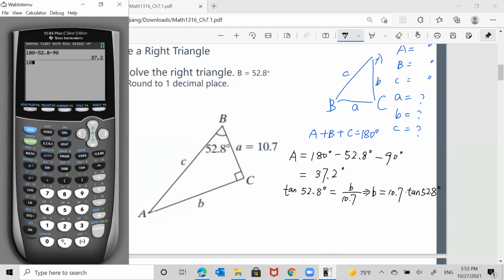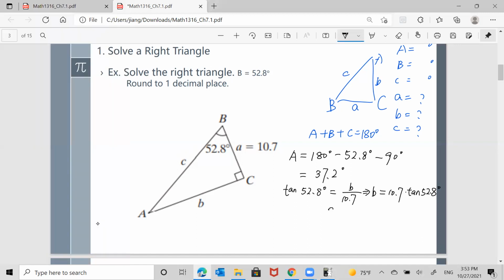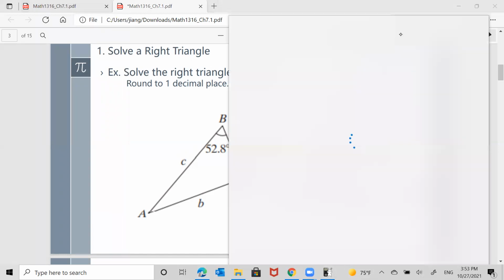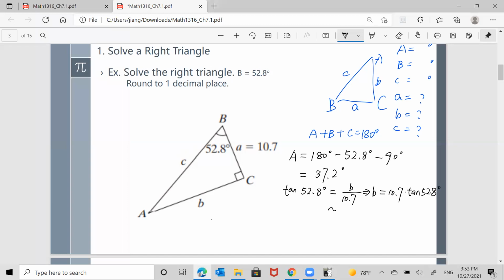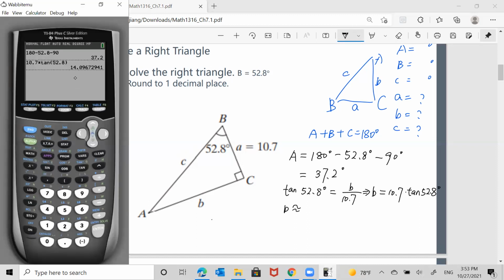So 10.7 times tangent 52.8, close the parentheses. We got b about 14.096.